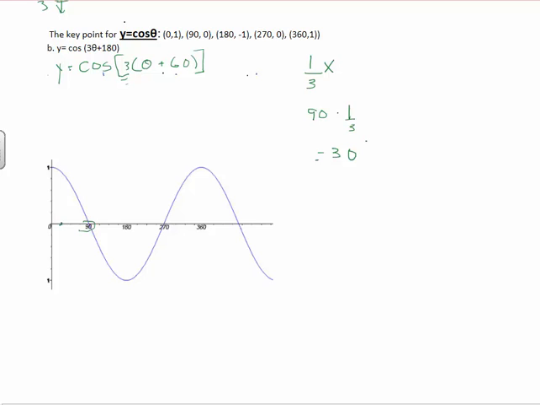So that's our new point for our transformation. And for 180 degrees here, this point is going to now be at 60. So you can see how you're going to have a compression. And then our point of 270 divided by 3 now happens there at 90.